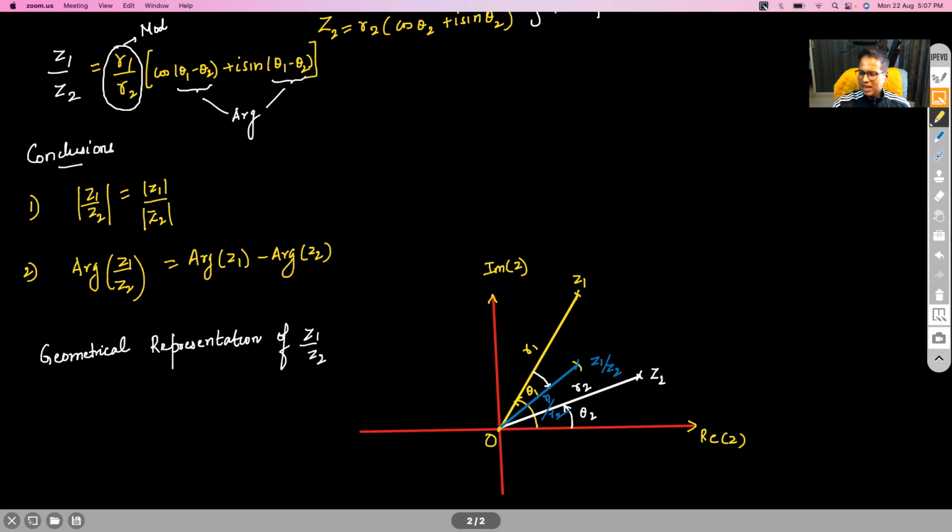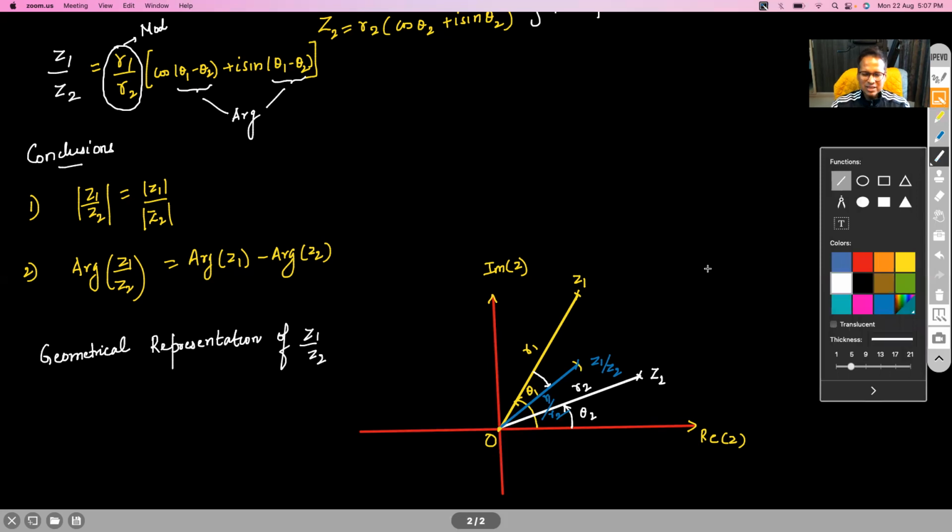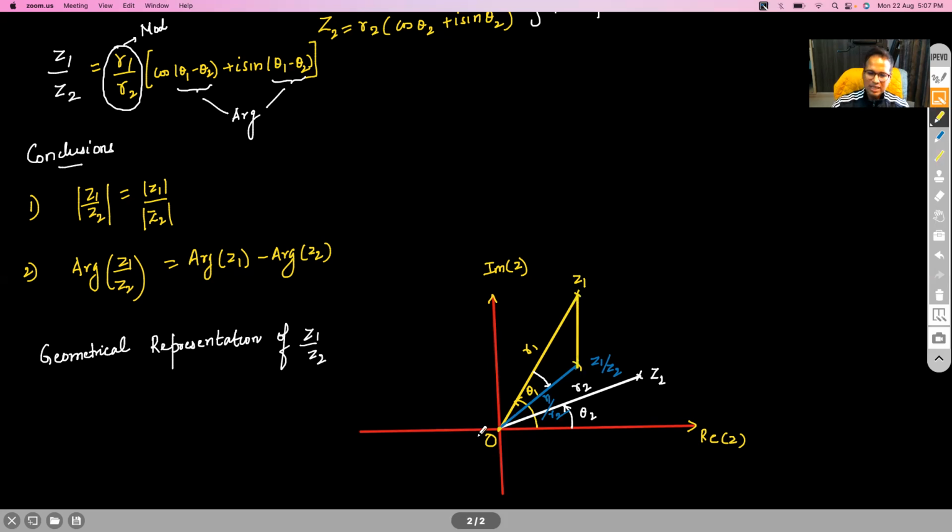Now, a very interesting thing that you would notice here is that if you connect a triangle, let me ask this as a question to you. Let's see how many of you are able to answer this. If I connect Z1 to this point, let's say I name it as point A, I name this as point B, and I name this point to be point C. So I get a triangle over here.